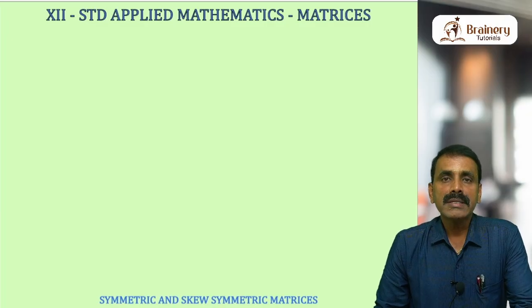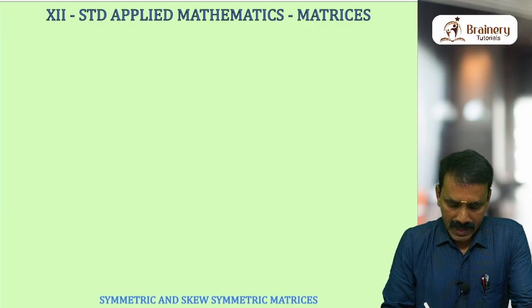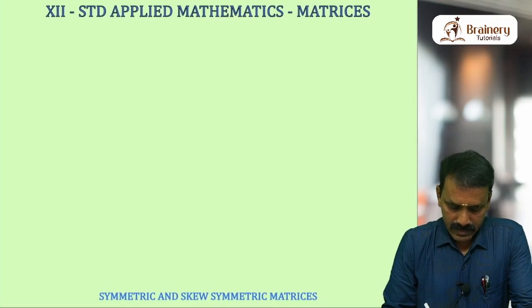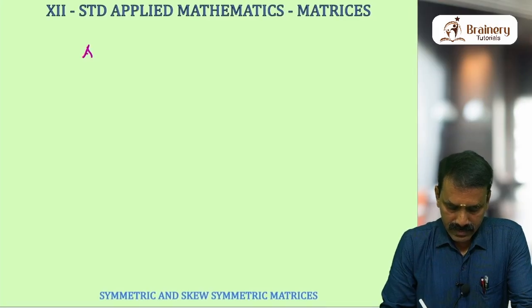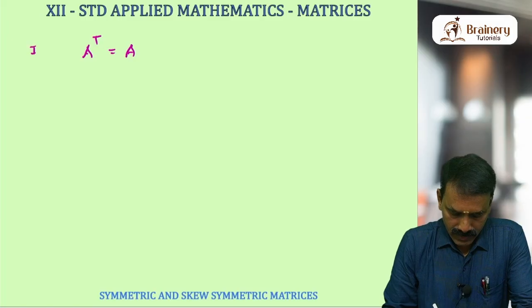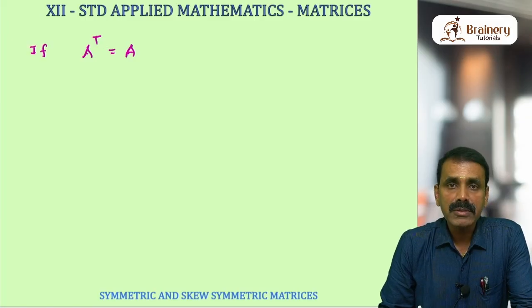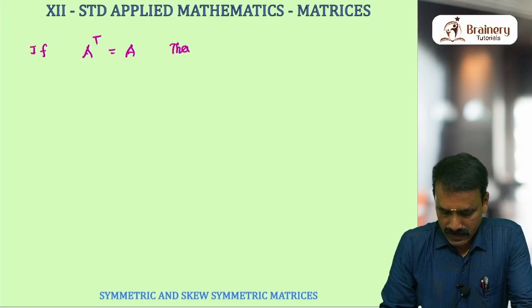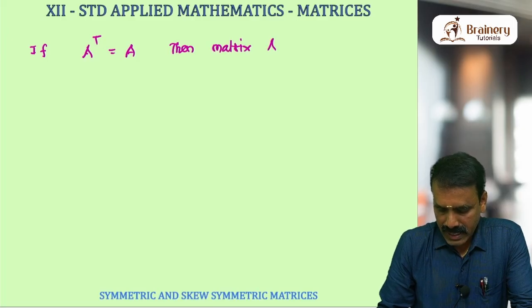When do we call a matrix a symmetric matrix or a skew symmetric matrix? A matrix A is said to be symmetric if A transpose is equal to A. If A transpose is equal to A, then matrix A is symmetric.